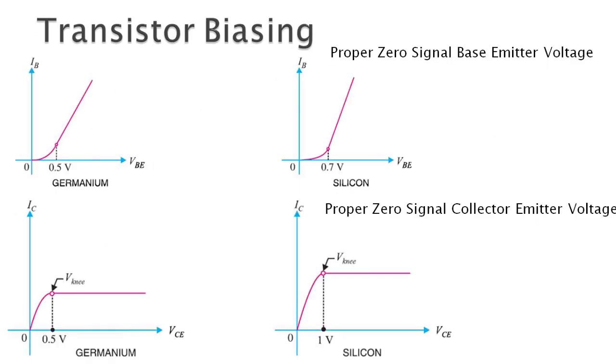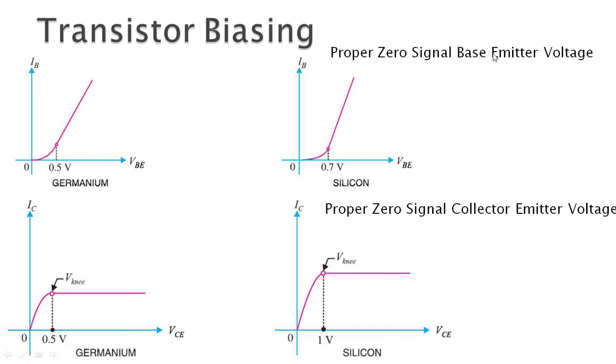Then the second is proper zero signal base emitter voltage. For any PN junction, the voltage must exceed the threshold voltage. For germanium material, we need 0.3 volt. For silicon it is 0.6 to 0.7. After that only the semiconductor will conduct.